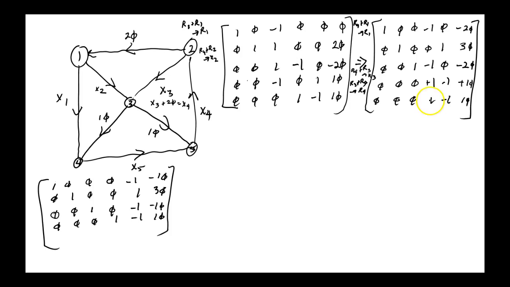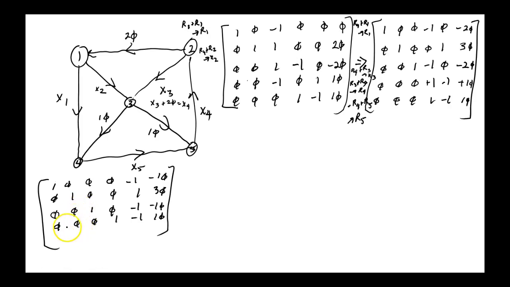Okay, in row 5? Yeah, okay, that 1 becomes 0. How do you make that happen? Yep, that'll do it. Okay.